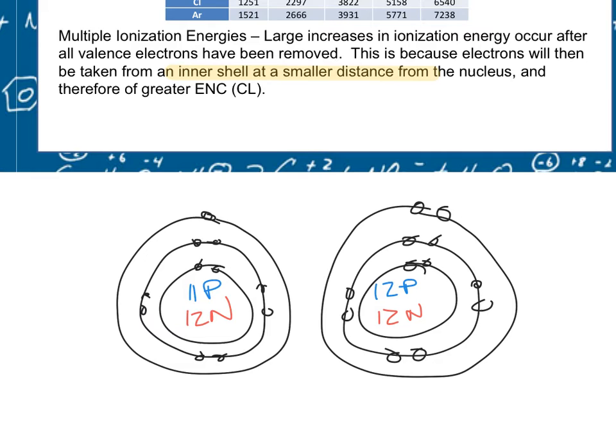Sodium, this first electron is removed relatively easily. The second electron is now an inner shell electron, which experiences less electron-electron repulsion, therefore much harder to remove.